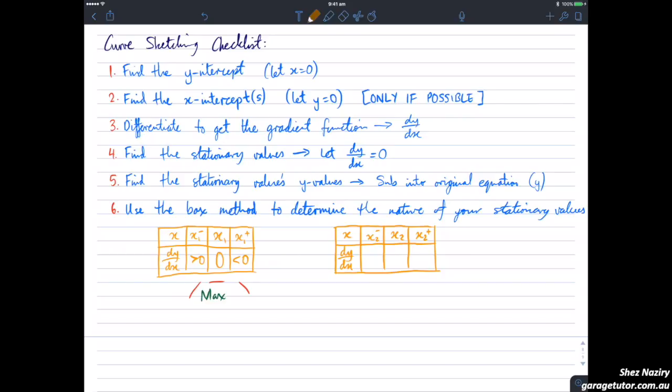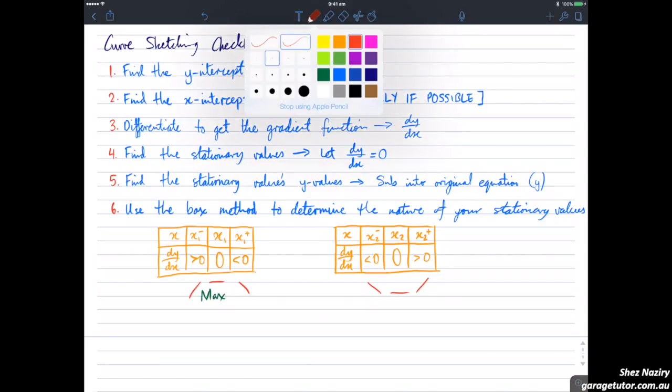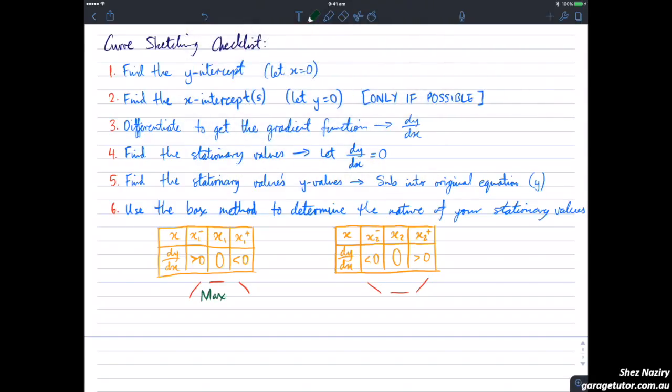Just make sure they don't overlap. The center is always 0. This will be less than 0 and that will be greater than 0. If we check its gradients, less than 0, meaning a negative number, then 0, and then positive. This kind of turning point will be a minimum turning point.